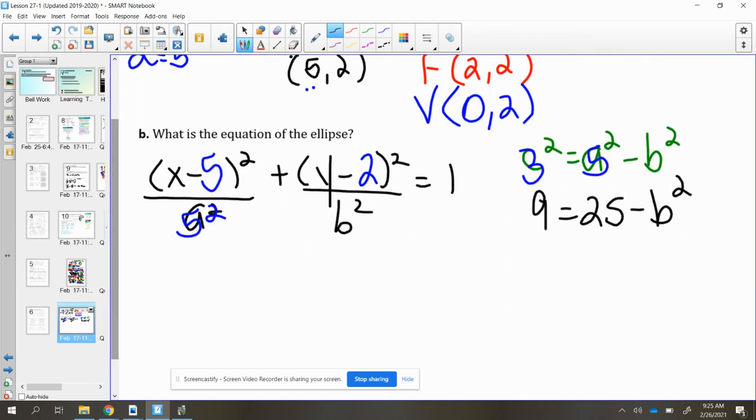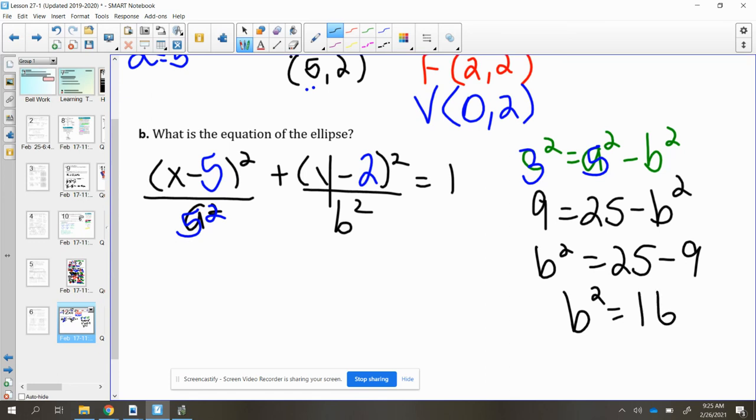If we move this all around, b squared is going to have to be 25 minus 9, which is 16. So we can plug that 16 in for b squared to get our final answer here. If we make this a little bit cleaner, the 5 squared we said was 25, and this is now 16.